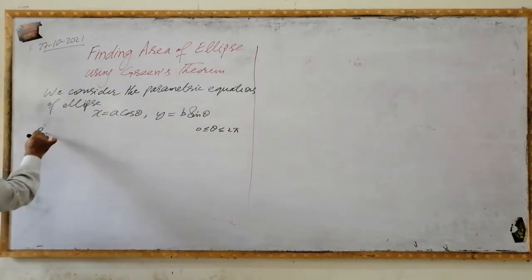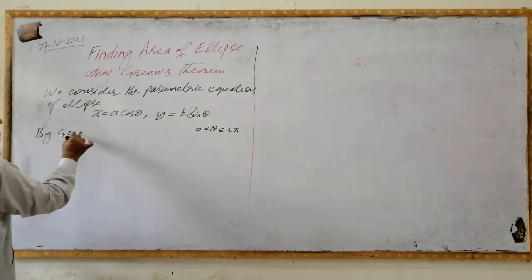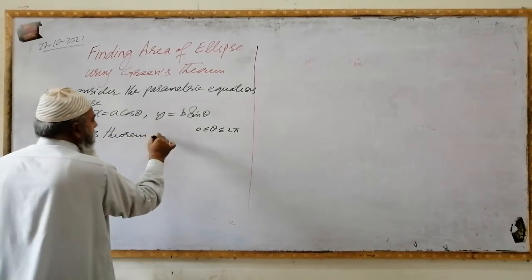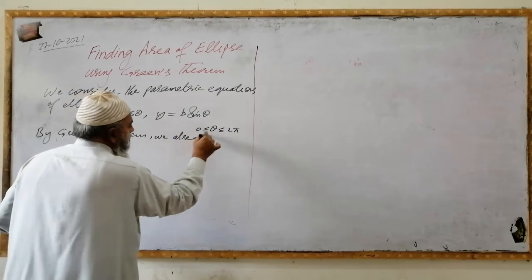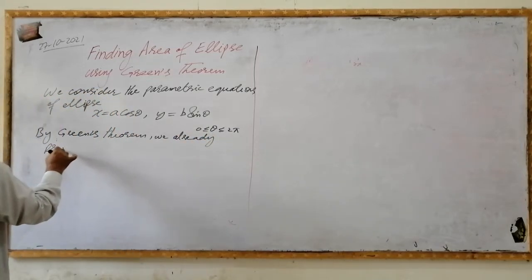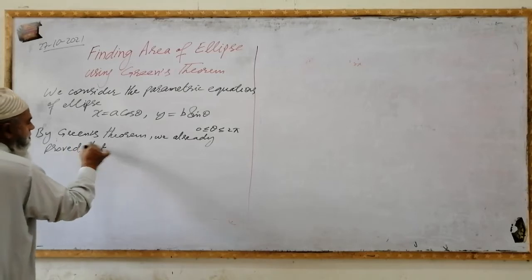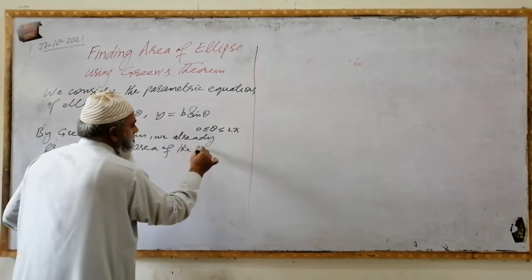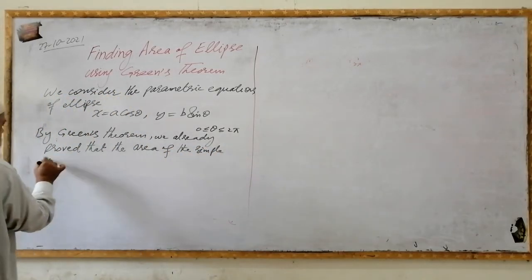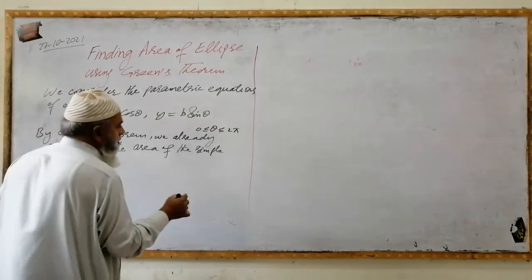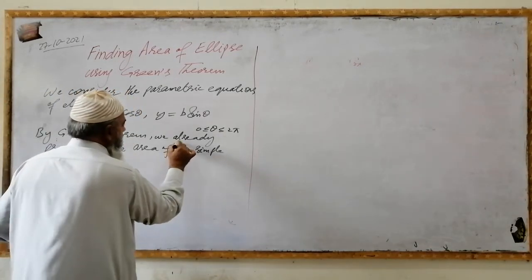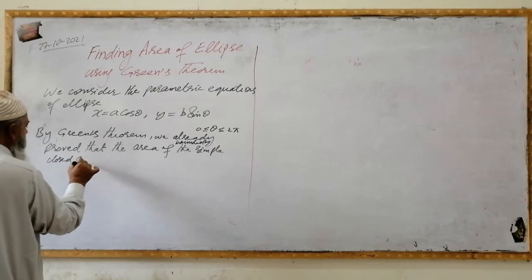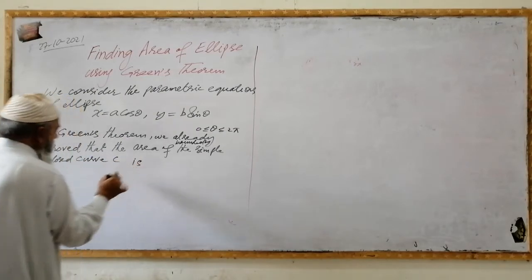Now, by Green's theorem, we have already proved that the area bounded by the simple closed curve C is, what was that?